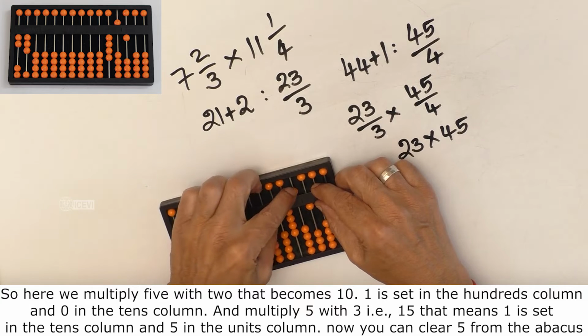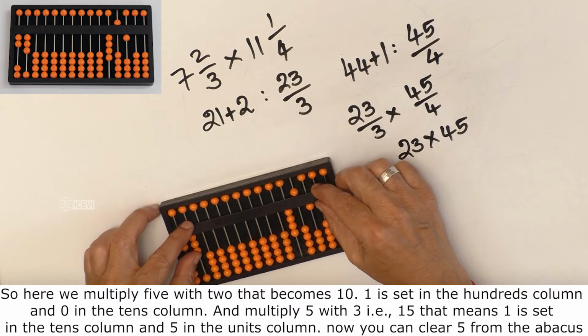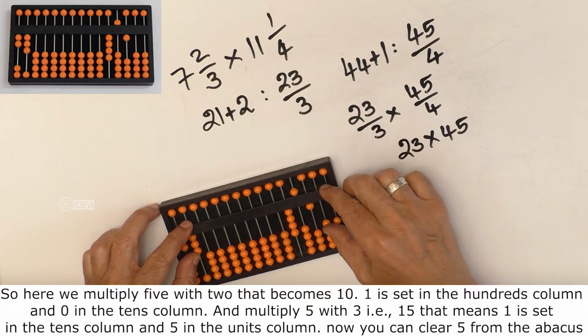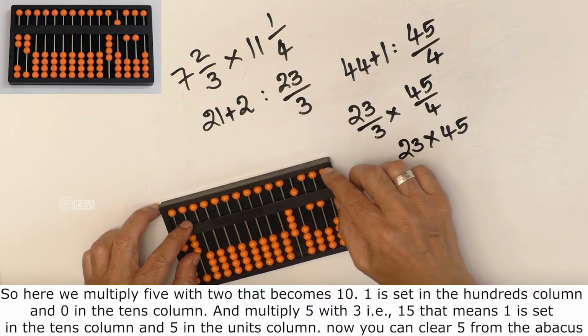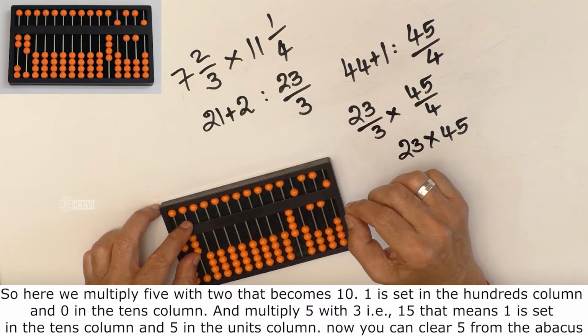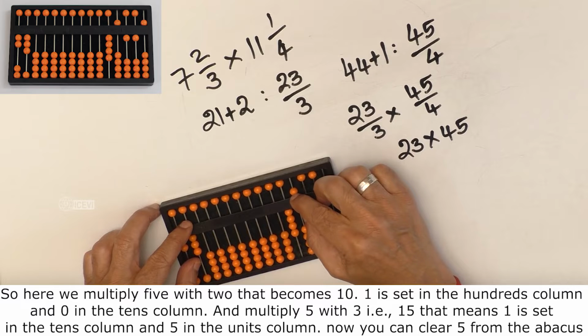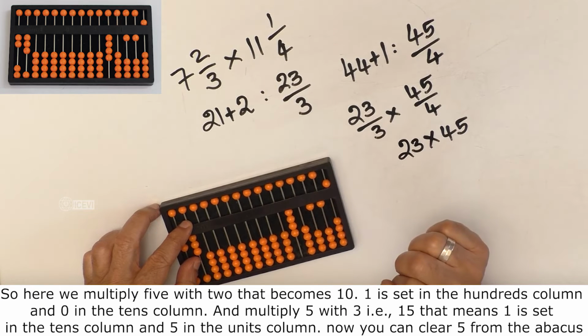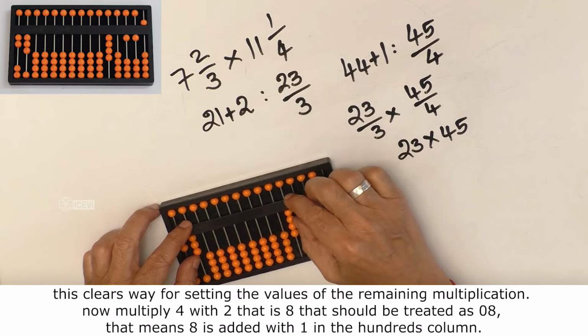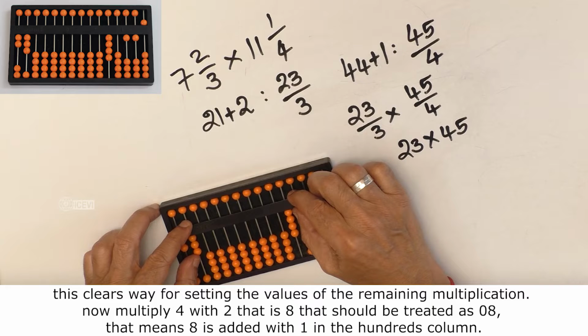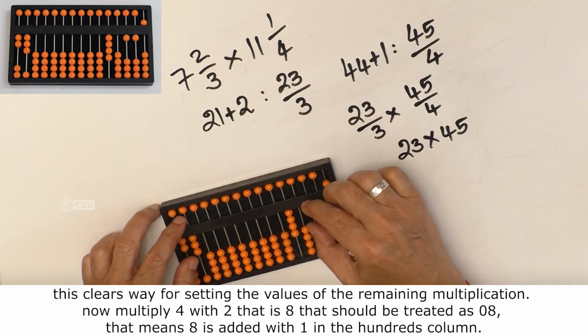Now multiply 5 with 3, that is 15. That means 1 is added in the tens column and 5 in the units column. Now you can clear 5 from the abacus. This clears way for setting the values of the remaining multiplication.